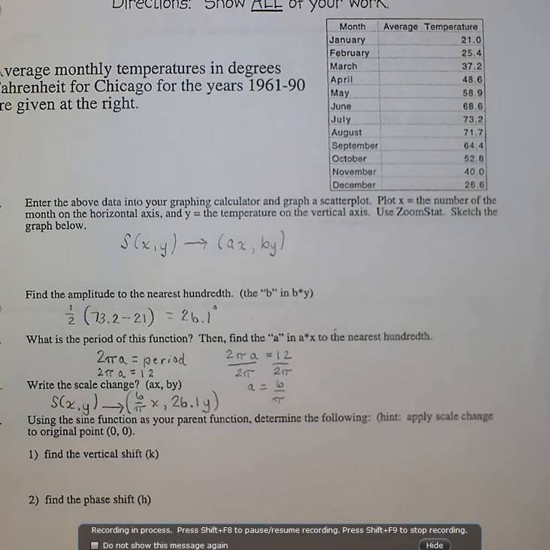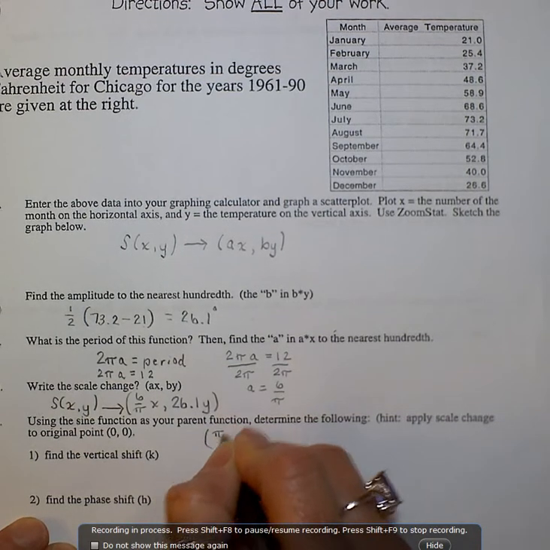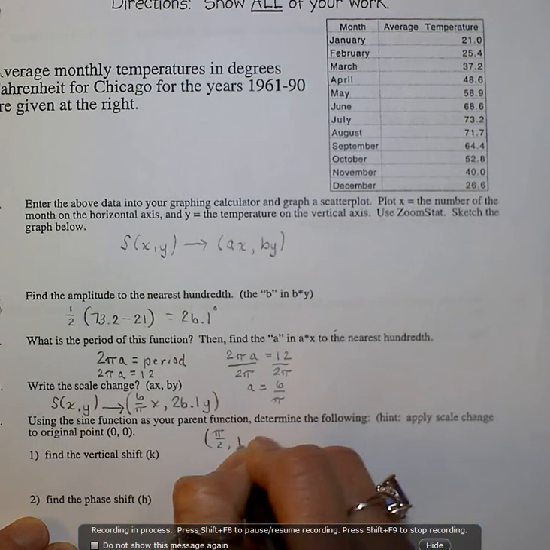So can you think of, say, a bump, the coordinates of a bump on the sine function? When does sine reach its highest value? No, the sine function itself. Pi over 2, right? Pi over 2 is when sine is equal to 1. Okay, so I know that there is a point on the parent function at pi over 2, 1.